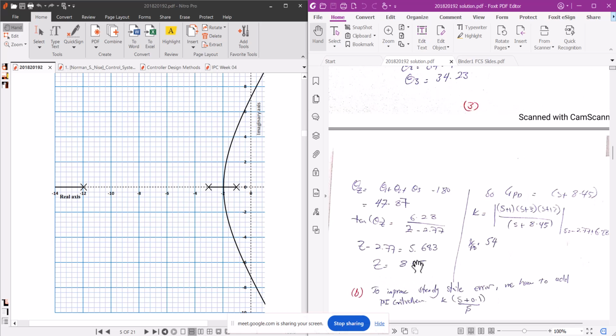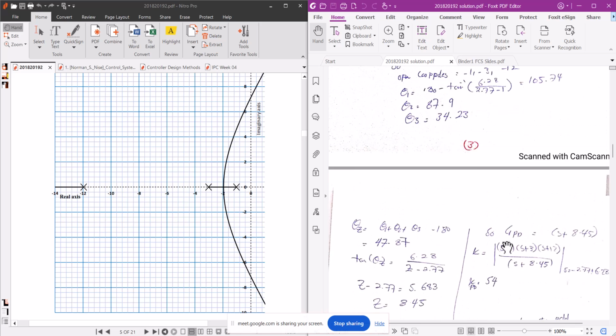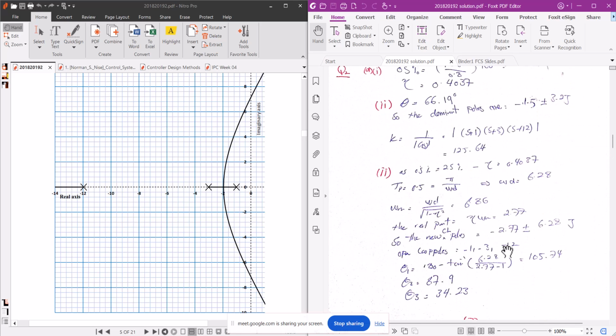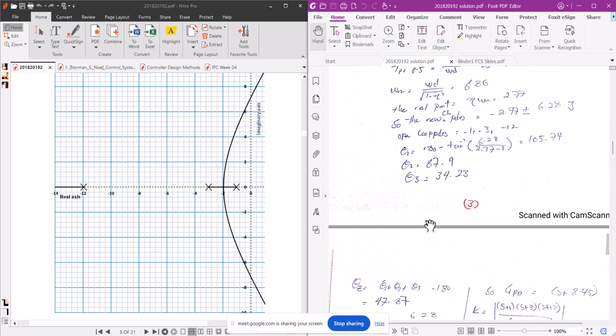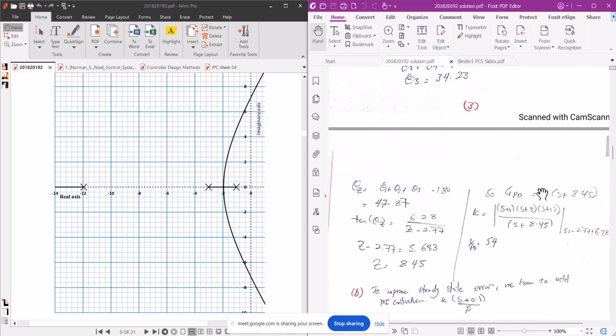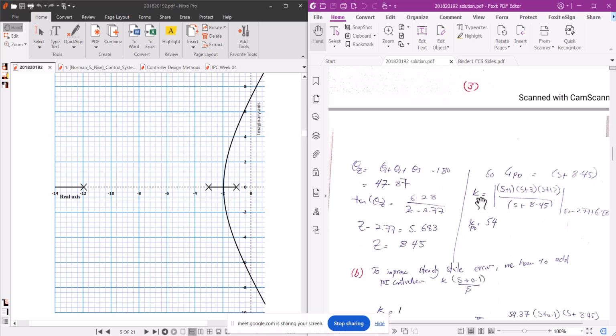So your controller, a PD controller, basically a proportional derivative controller, will be s plus 8.45. This is your controller transfer function, s plus 8.45. Now multiply this controller transfer function with your original transfer function and you will get your desired response. Now you calculate the gain.